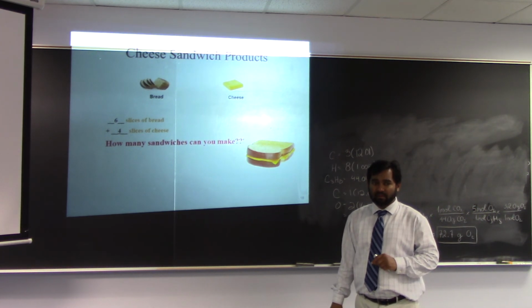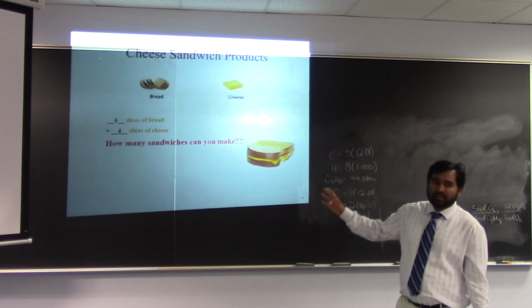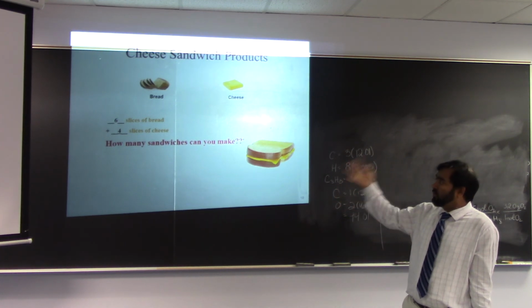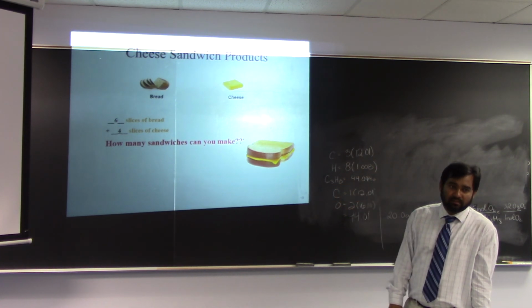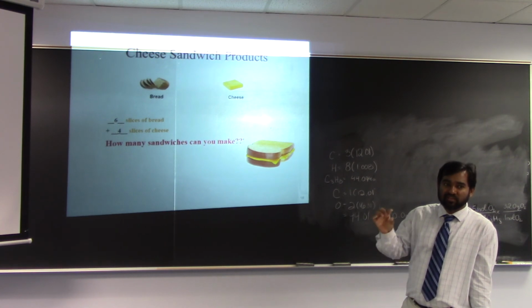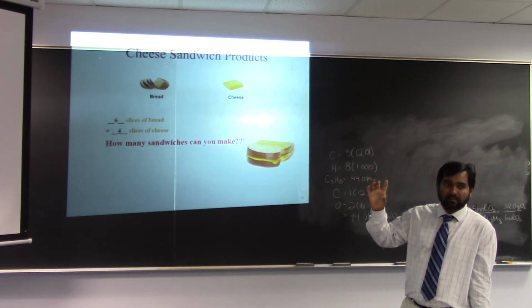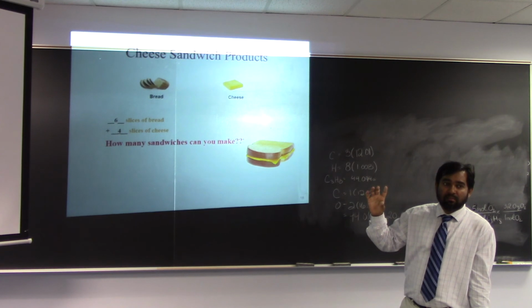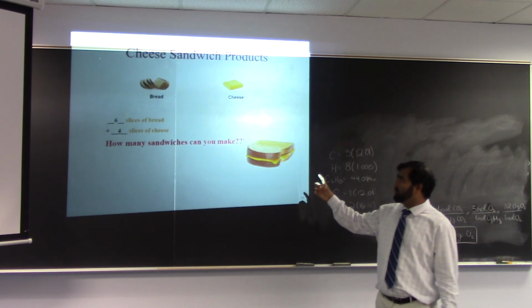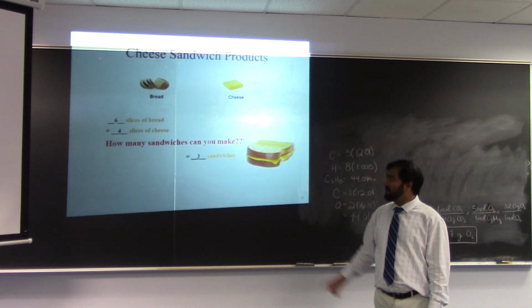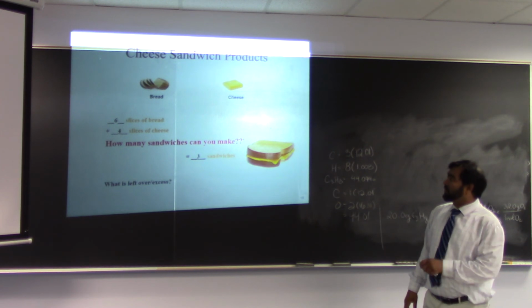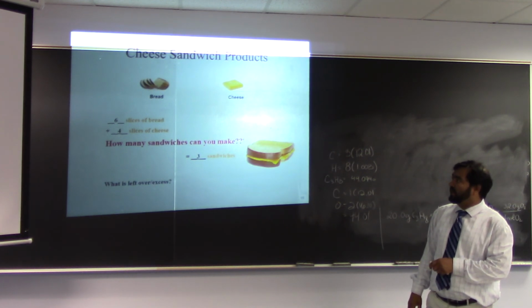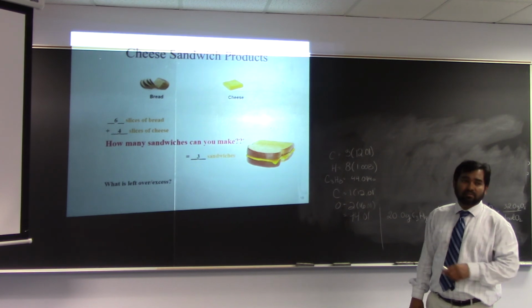Look at it carefully. Seems like you got a lot more bread than cheese. You might think, hey, I got less cheese, I got a lot of bread. Actually not. Because when you started making the sandwich, you saw that you are able to make only 3 sandwiches, and the bread ran out earlier.